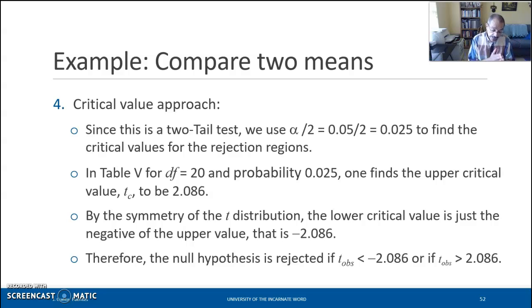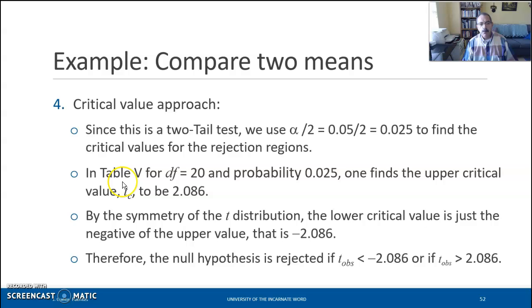Now that we have the test statistic calculated, we need to determine first the critical value and where the rejection regions are, because this is a two-tail test. So we divide alpha by 2 because it's a two-tail test, so that's 0.025. The degrees of freedom were already determined, those are 20.